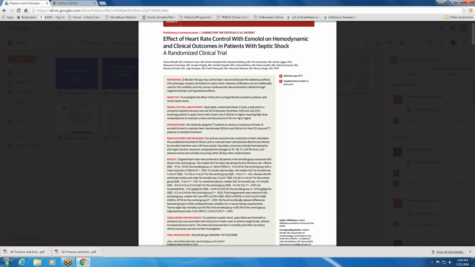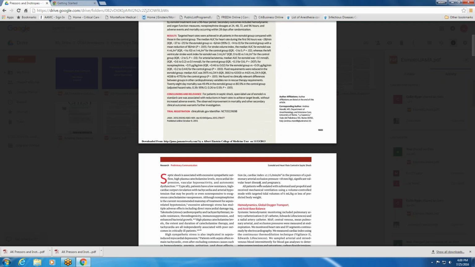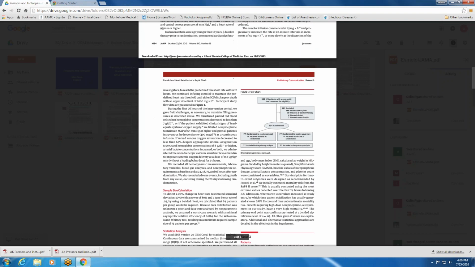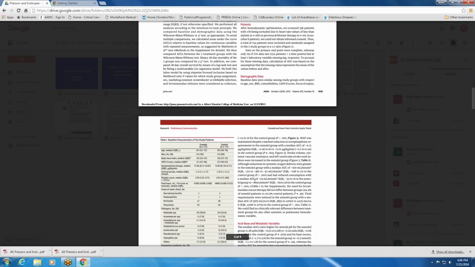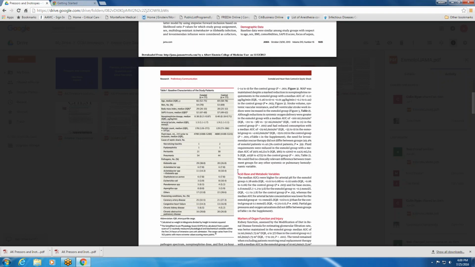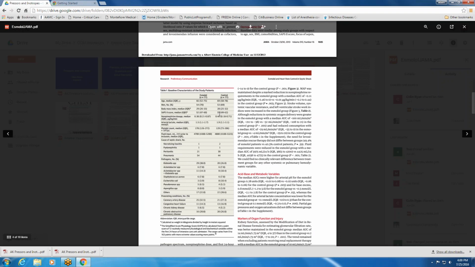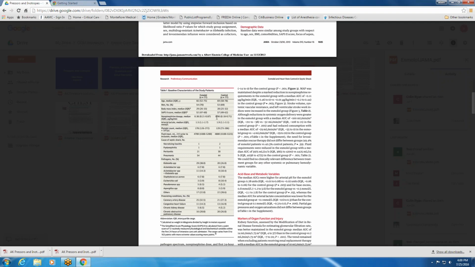They also showed other interesting things like increases in cardiac index in patients who received esmolol, decreases in pulmonary capillary wedge pressure, reduced fluid requirements, all sorts of good stuff with the esmolol. Not a huge study, about 150 patients total. They were very sick patients. They were on relatively high doses of norepinephrine to begin with.